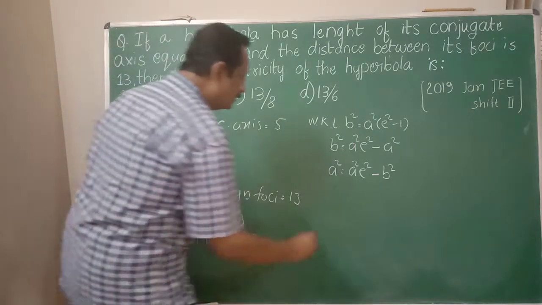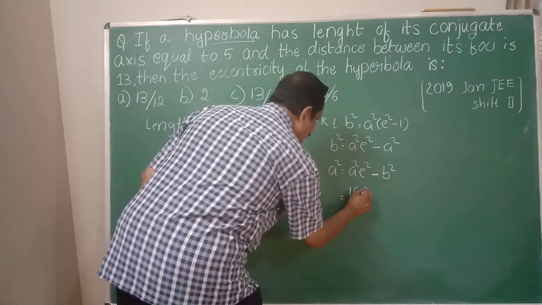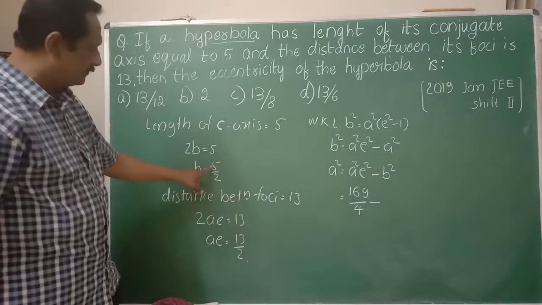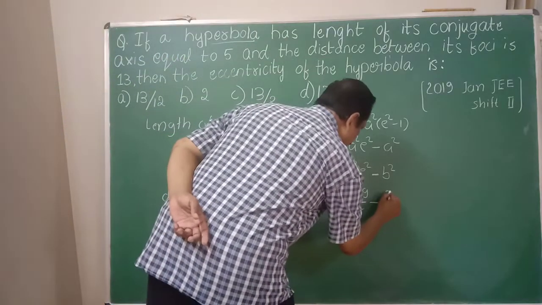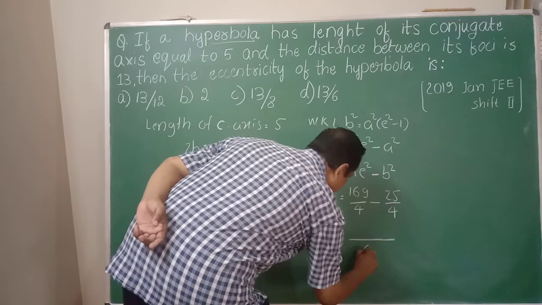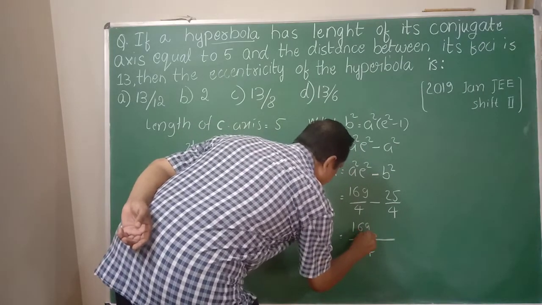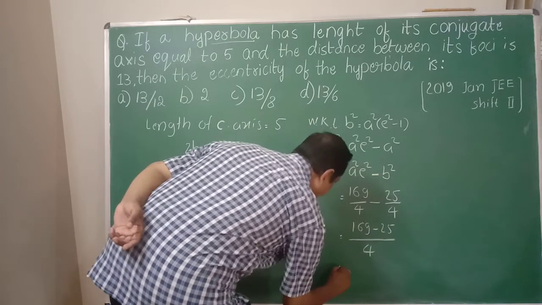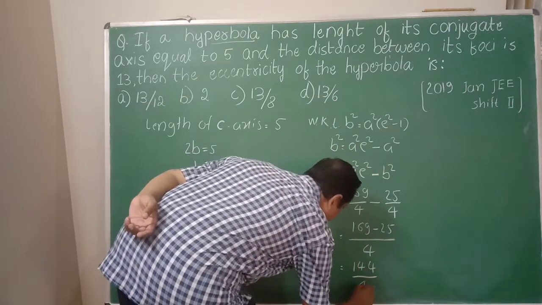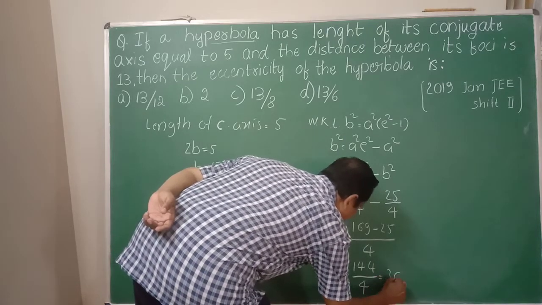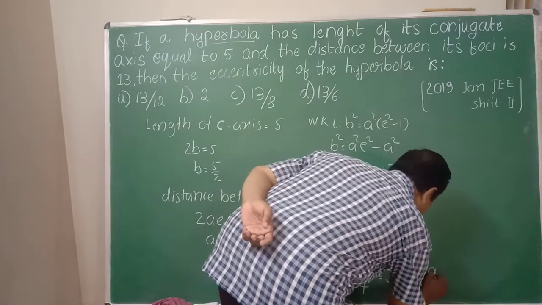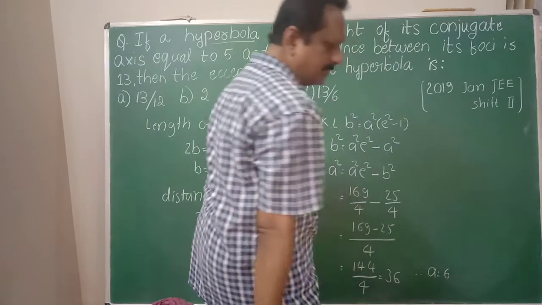Its square is 169 by 4. 169 divided by 4 minus b square, which is 25 divided by 4 here. Therefore with 4 as LCM, 169 minus 25 gives 144. 144 divided by 4 is 36 here. So a square is equal to 36, therefore a is equal to 6 here. Okay, a value is 6 here.